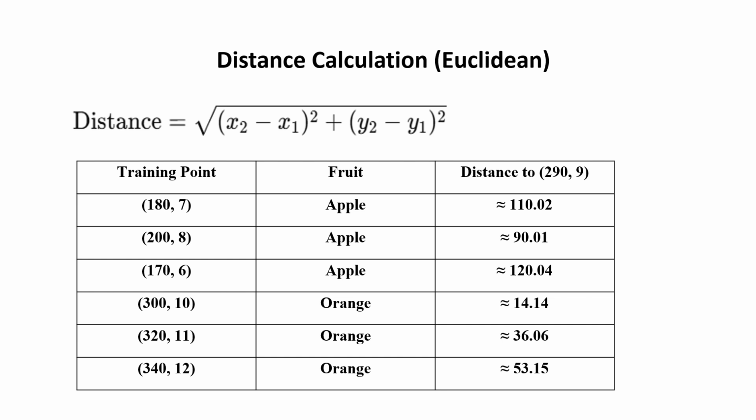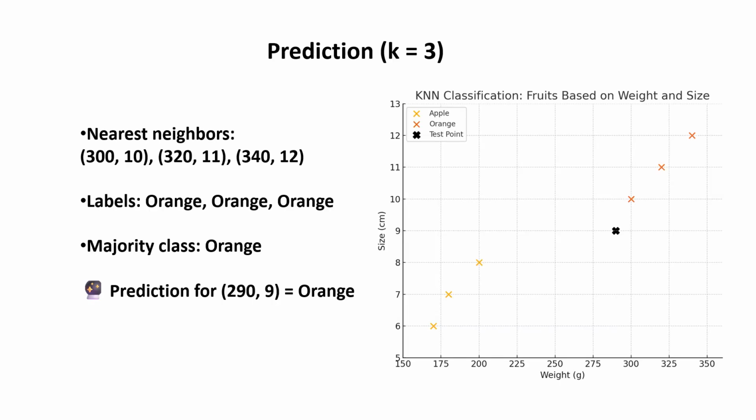After calculation, I'm going to predict. I'm keeping my k value equal to 3, some value I'm fixing for k. Looking at the nearest neighbors in the table: nearest neighbor means the distance is very small.